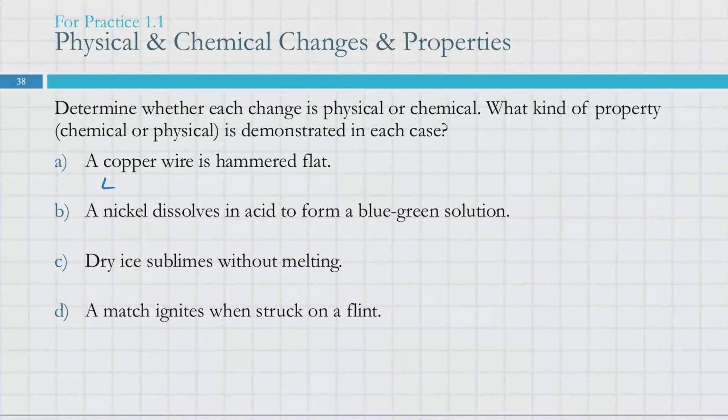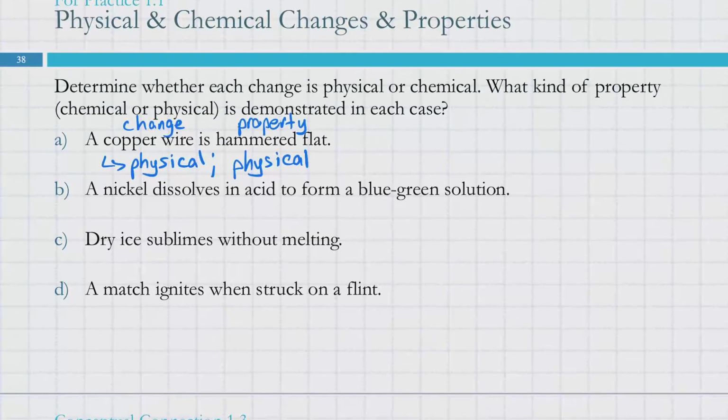We've just changed its appearance. It's a little bit squashed now. So it's a physical change, and it's a physical property that we've demonstrated: the malleability or the ductility, depending on what we're doing with it.